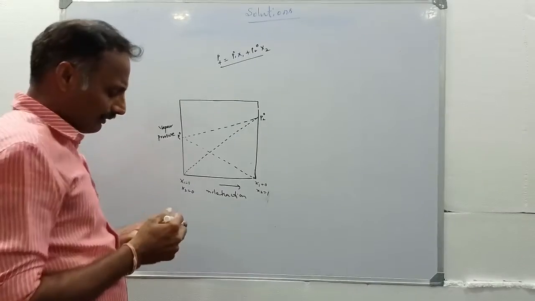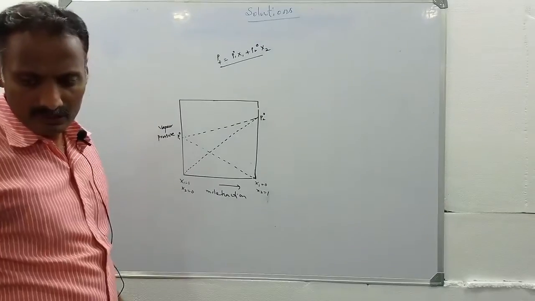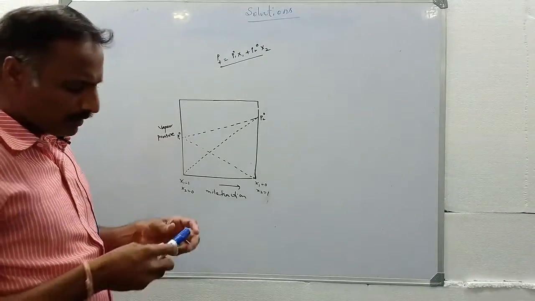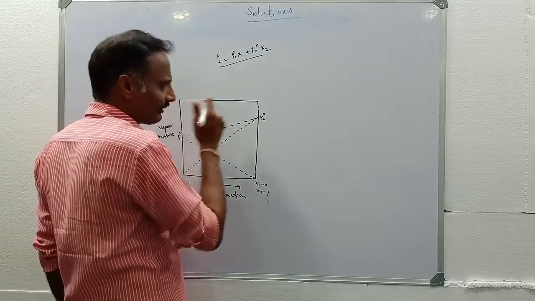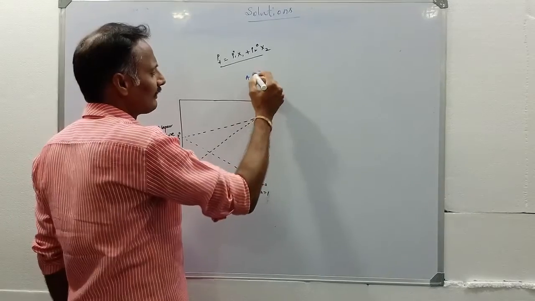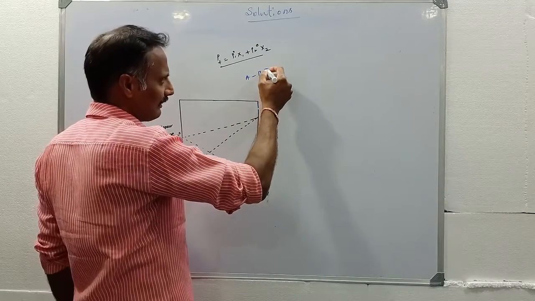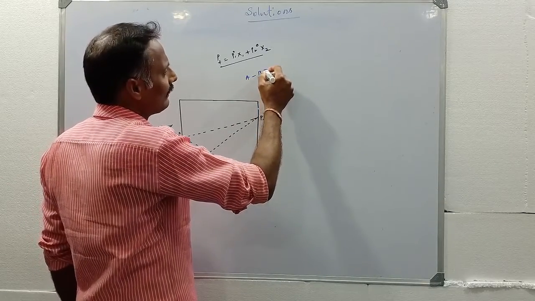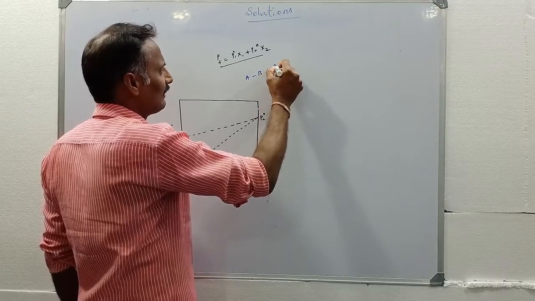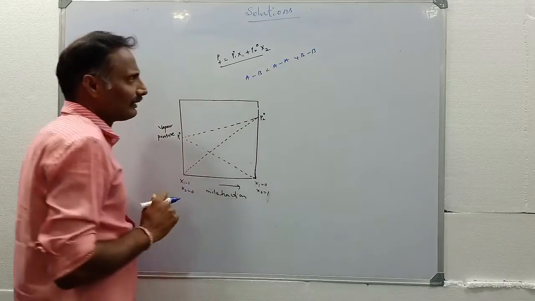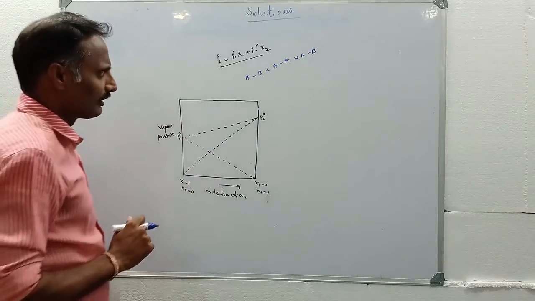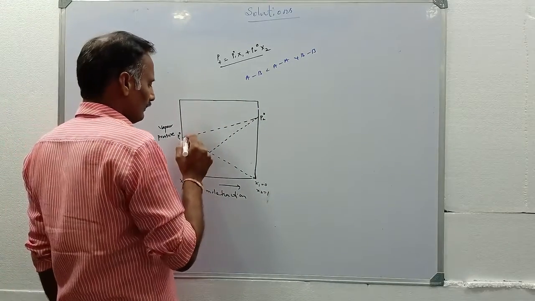Then consider solutions showing positive deviation. When AB interactions are less than AA interactions and BB interactions, the solution shows positive deviation from Raoult's law.